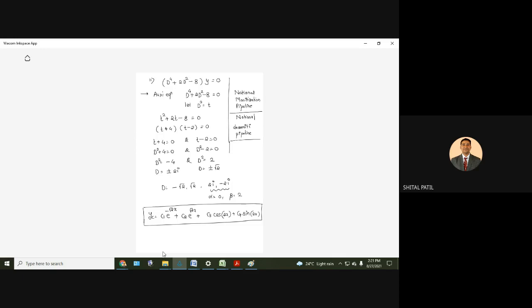Okay. If you are facing any doubt or problem while solving these examples, please let me know at that time only. Is there any step that you have not understood from this example? Okay, so let me change the page.